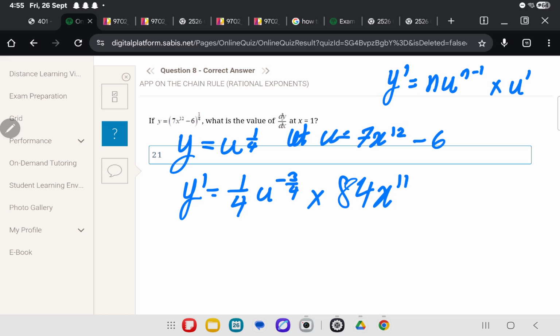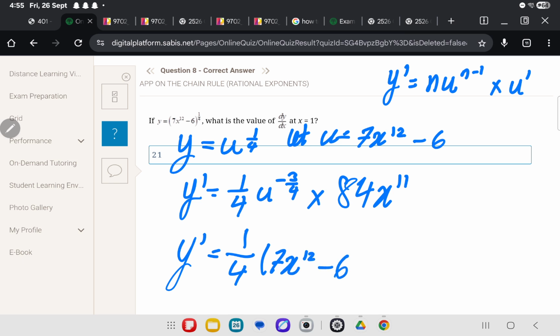Minus 6 will differentiate to 0 because it's a constant, right? Constants will derive to 0. Derive or differentiate, that's the same thing.